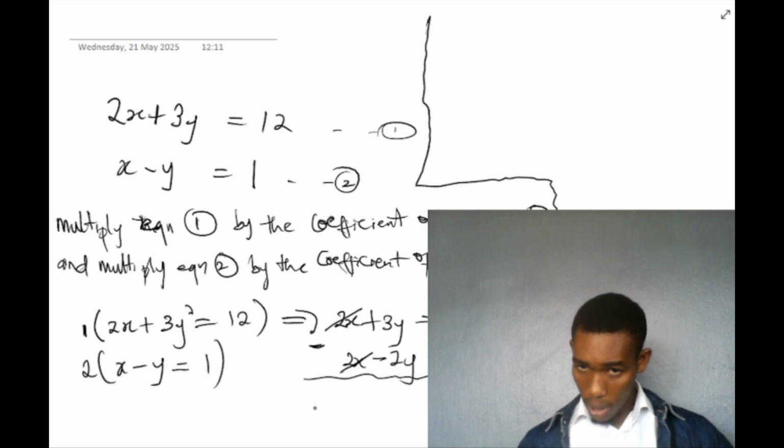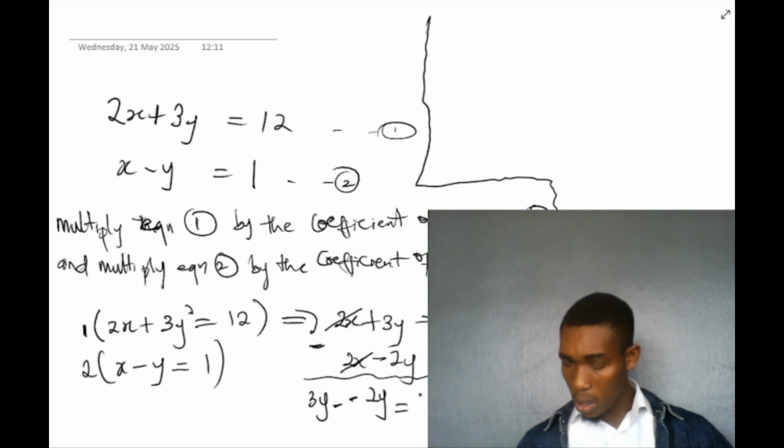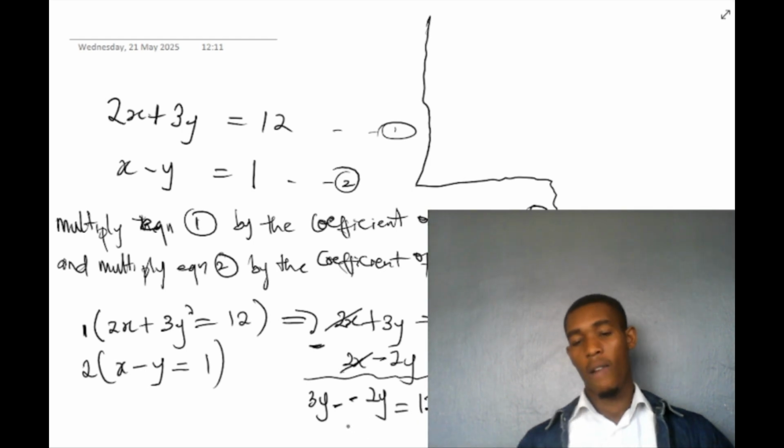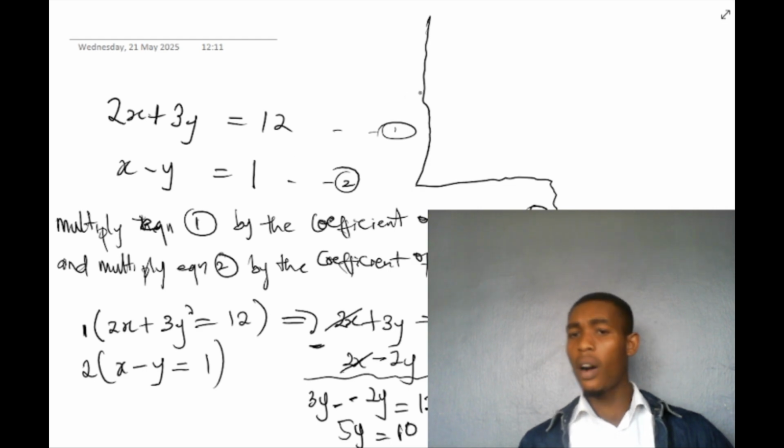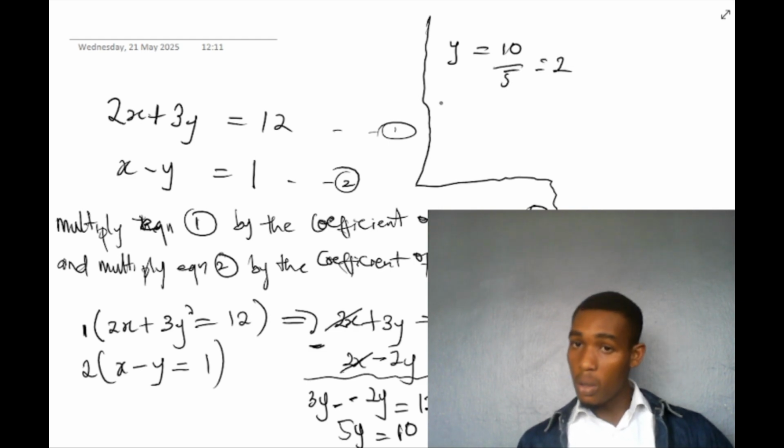I'm going to have 3y minus 2y equal to 12 minus 2. That gives me 5y equal to 10. Beautiful. When I resolve that, y equals 10 over 5, that's 2.